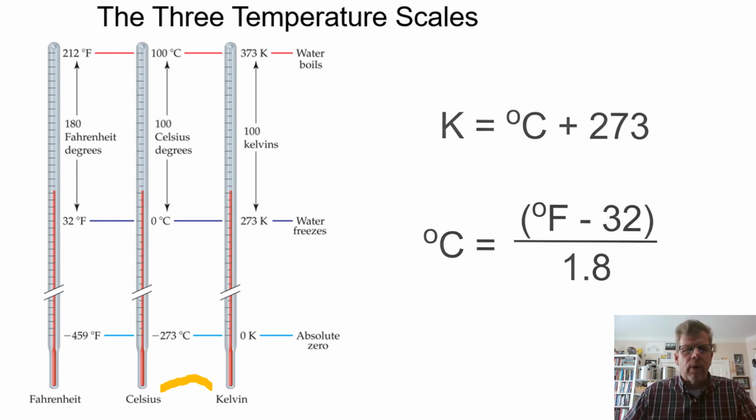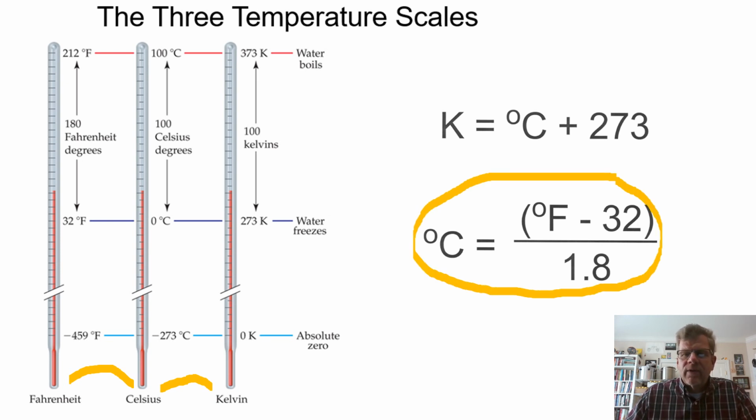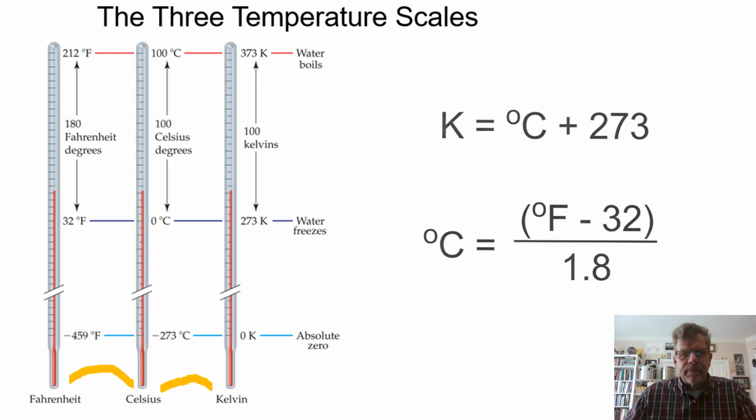Very, very straightforward. When we're talking about Fahrenheit to Celsius, they have a different 0 point, but also a different size of the degree. Then we get a little bit more complex. If we wanted to convert from Fahrenheit to Celsius, we put the Fahrenheit temperature within this calculation and subtract 32 divided by 1.8, and that would give us the degrees Celsius calculation.